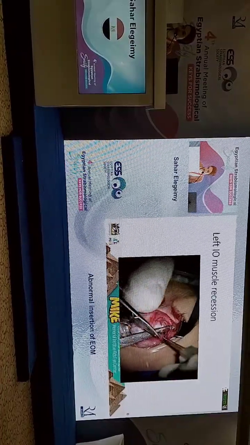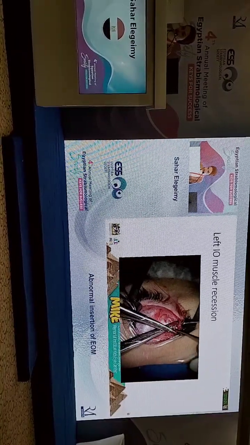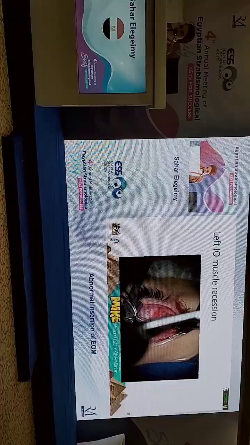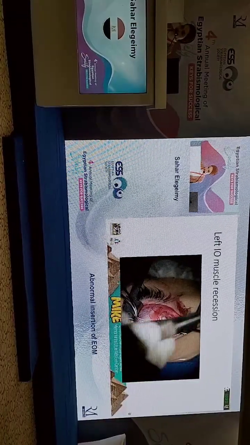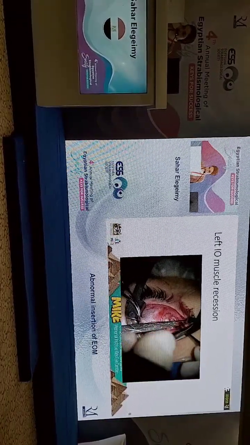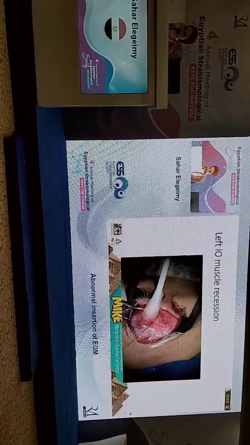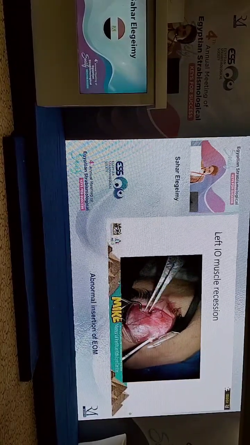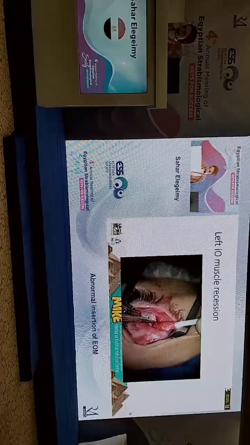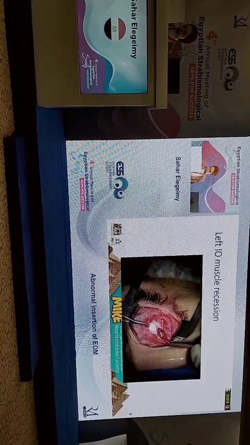Then I cut the muscle after complete suturing of the muscle. And I had the inferior rectus muscle to make the recession. Took my measurements and sutured it in the space.